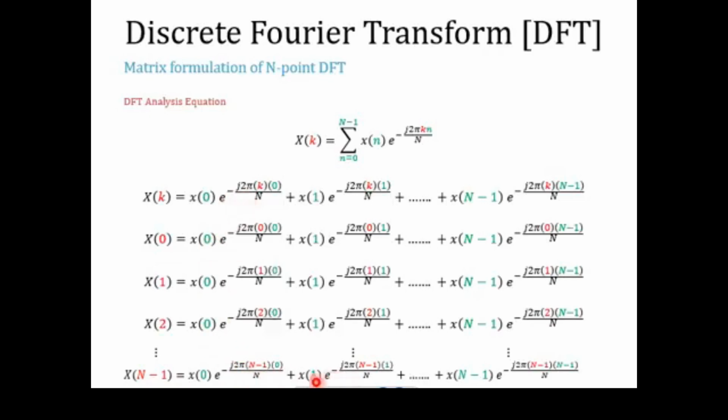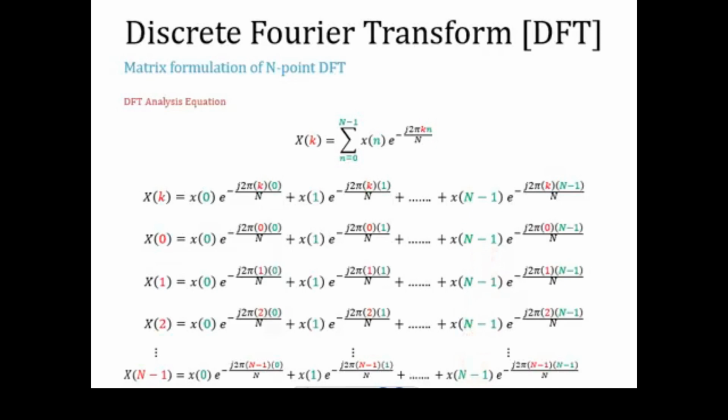So this is the set of n number of equations, and every equation contains n number of terms. This is the first term, this is the second term, third term, and so on. The final term, whose index is n minus 1 for small x of n, will be the last term of each equation.